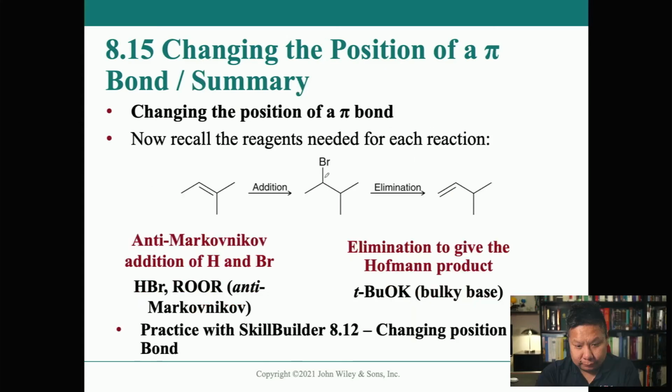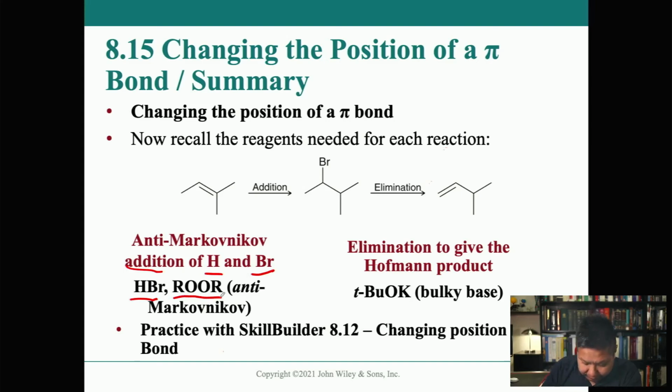So to change the position of the pi bond, we're going to have to do an anti-Markovnikov addition of the hydrogen and the bromine. And if you recall from the previous lecture, all you had to really do was have your reaction take place in the presence of some peroxide.